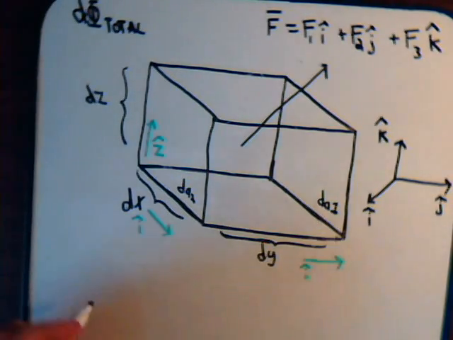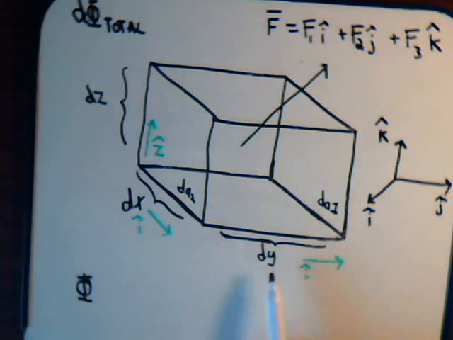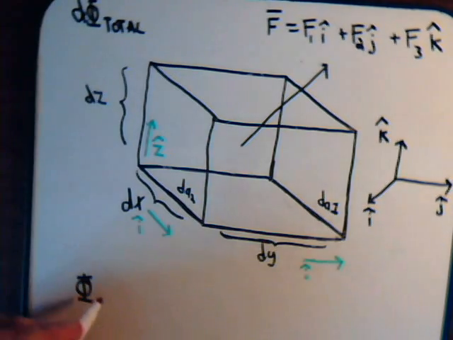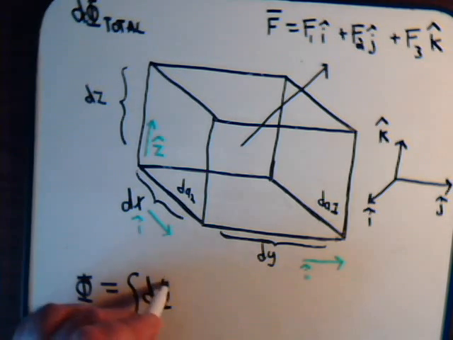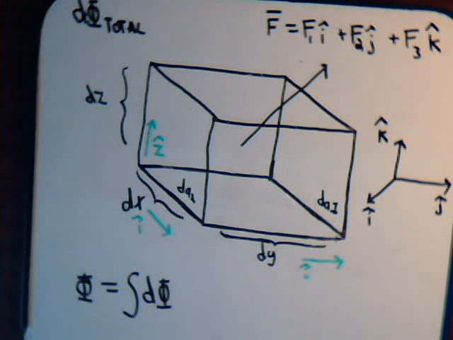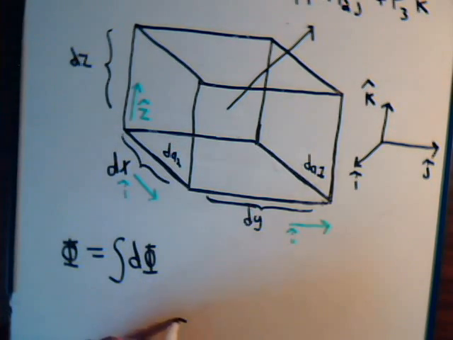We know that the total flux, remember now we're just considering a differential volume element. The total flux, of course, will be the integral of this. But now remember what dψ is.